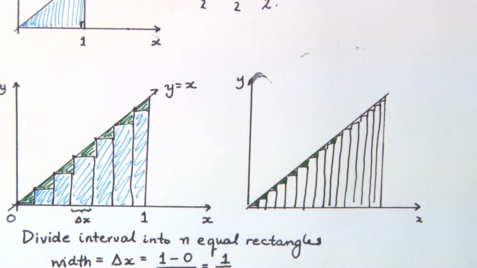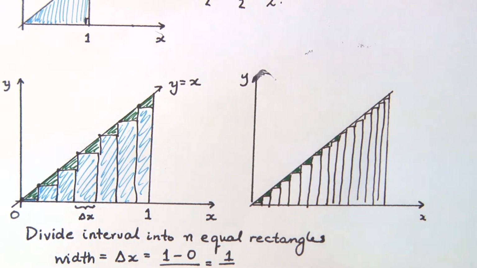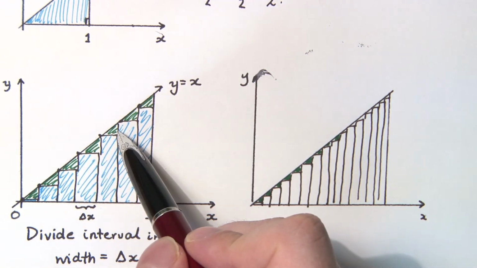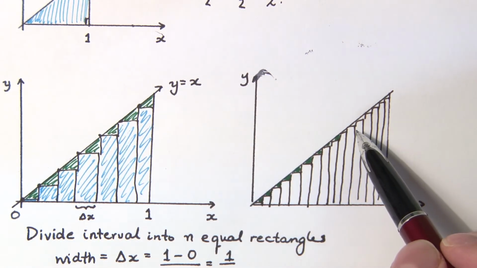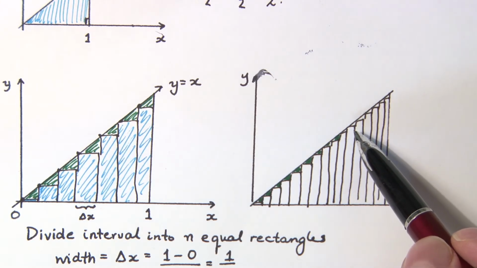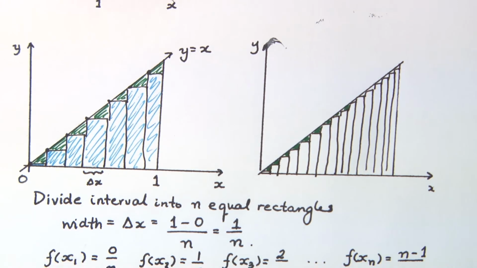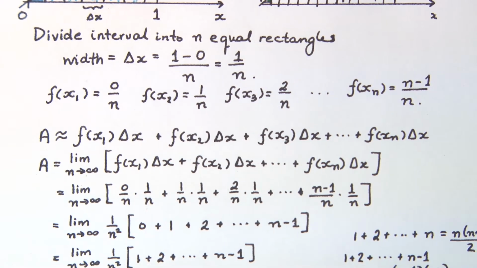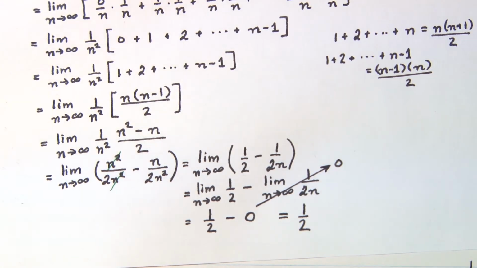And what we did was break this up into rectangles, and if we let there be infinitely many rectangles, this green area here gets really, really small as the number of rectangles gets really, really large. And we have our approximation going to the true area if we take it to the limit. And doing all that algebraic manipulation, we get to the point that the area is equal to 1/2.